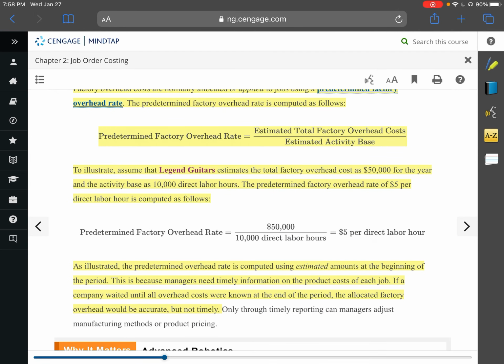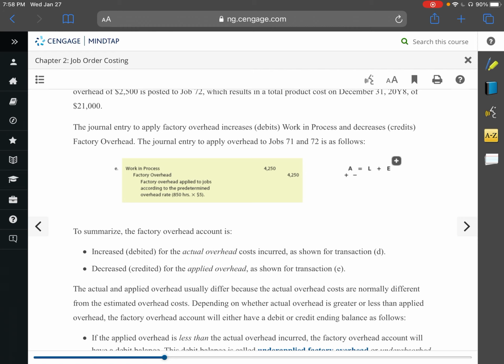All right, so I'm going to pick up right here. The journal entry to apply factory overhead to work in process. Remember, work in process is part of inventory, so it's an asset. You would debit work in process, and the journal entry to apply factory overhead increases, debits work in process, and decreases factory overhead.